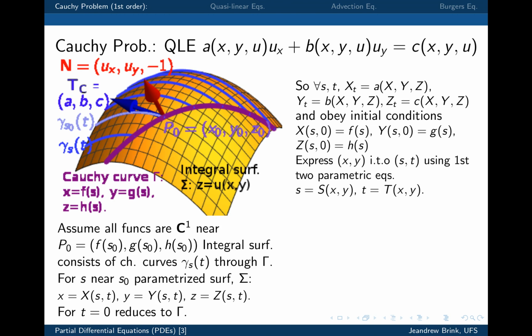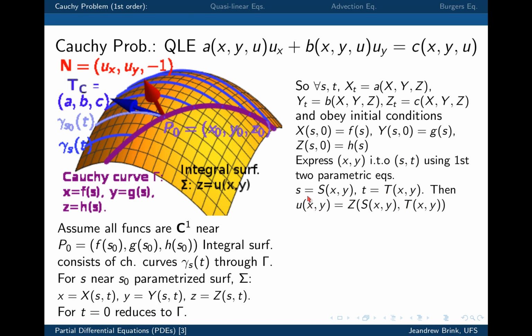Okay, so we want to express s and t in terms of x and y, and we simply use the first two equations and invert them to get that. Okay, so it's possible to do that with a caveat that the actual inversion must be able to take place.